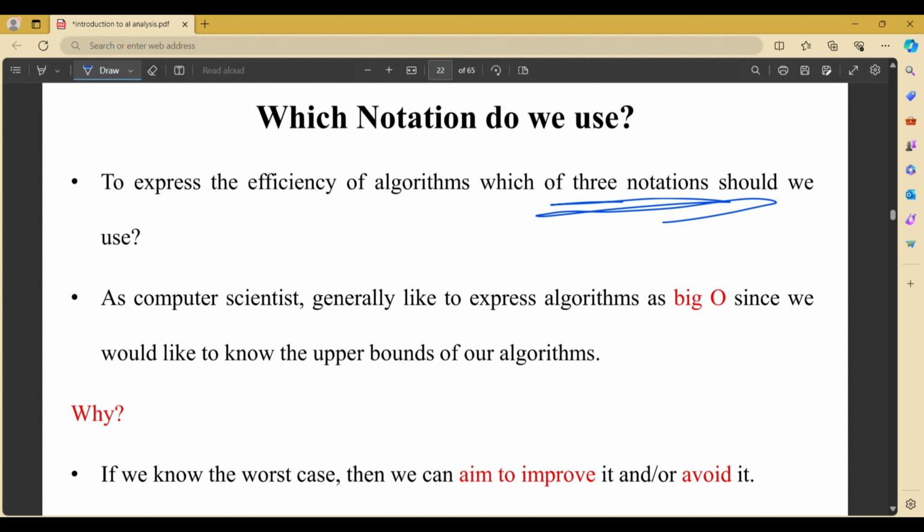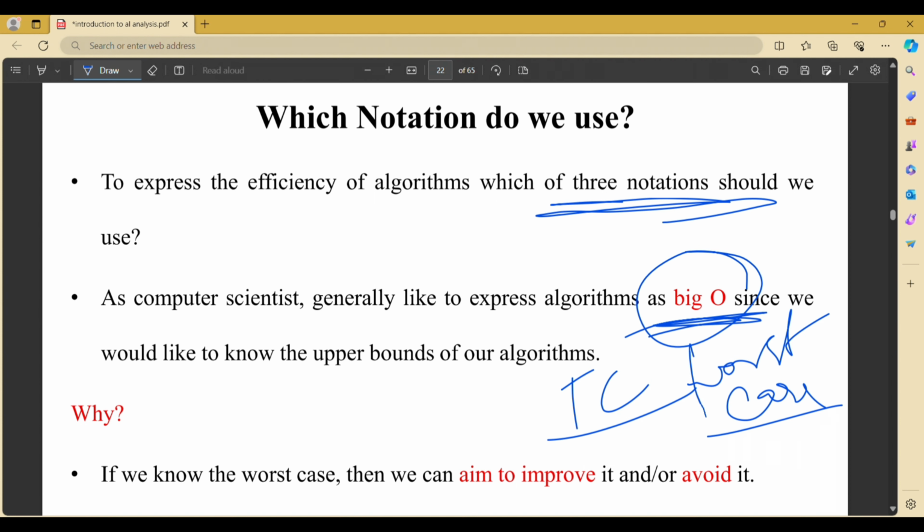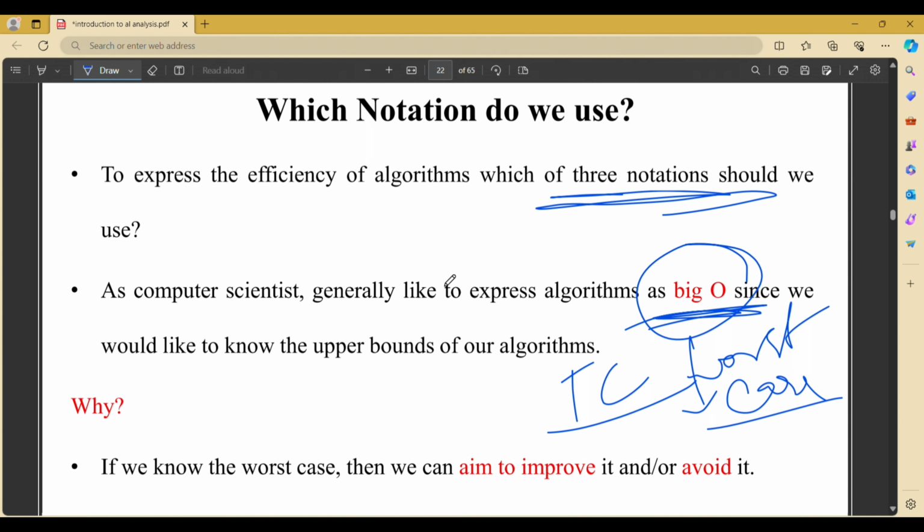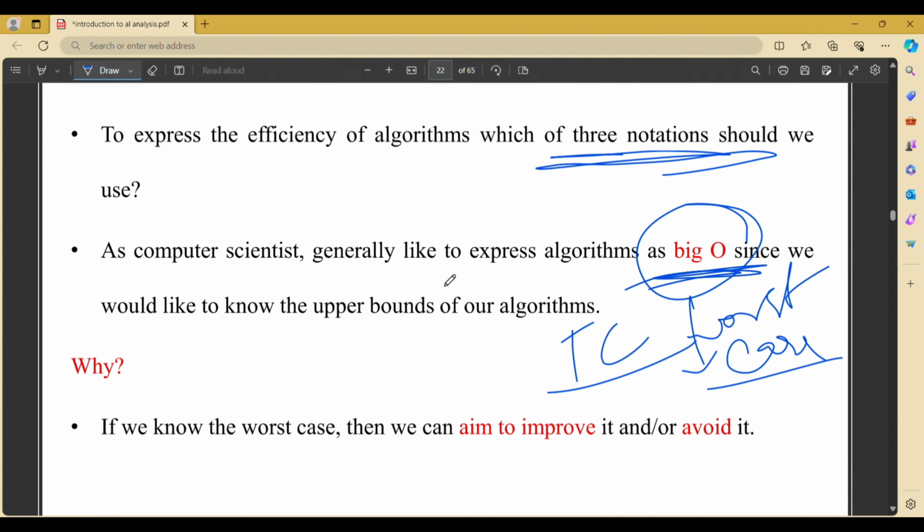Scientists generally like to express algorithms with big O notation, since we would like to know the upper bound. Majorly we will use big O notation because time complexity is always calculated in the worst case scenario.